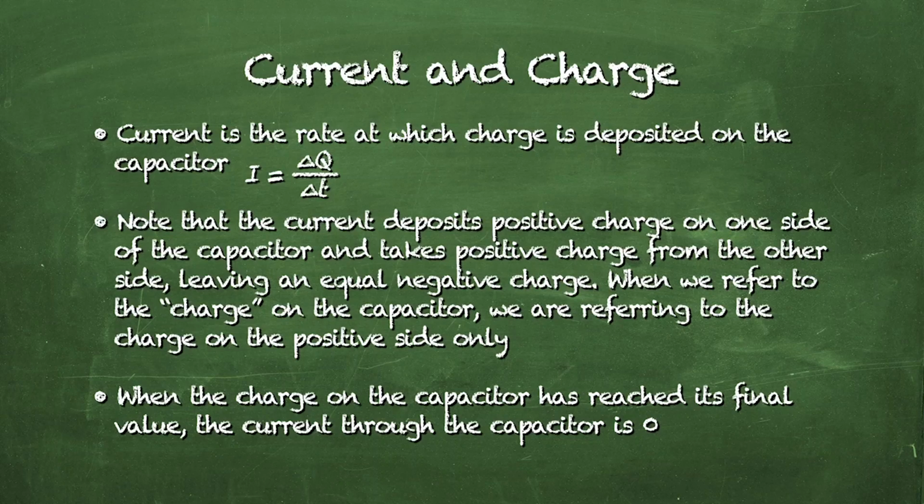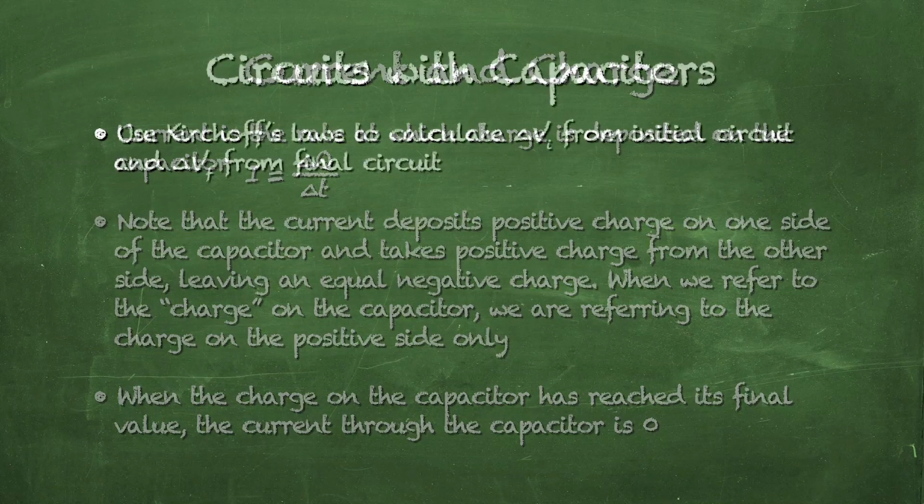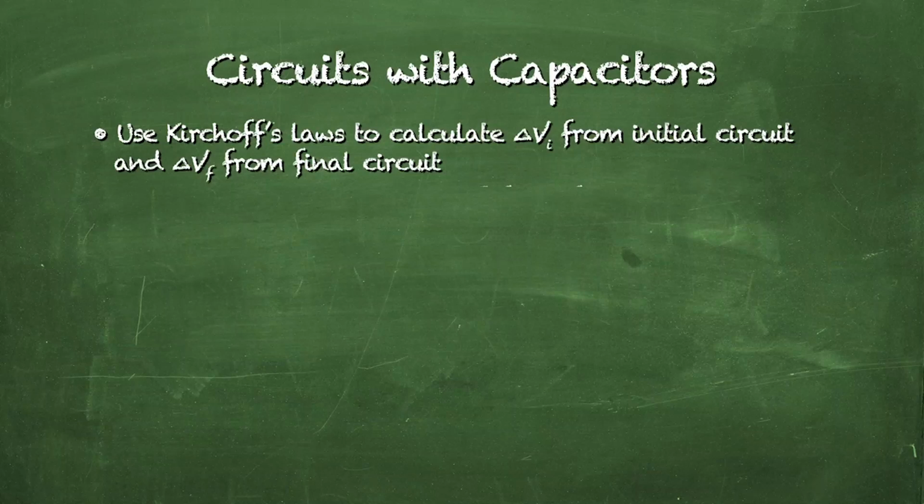So how do we deal with circuits containing capacitors? Well, we use Kirchhoff's laws to calculate the initial voltage across the capacitor from the initial circuit, the circuit at t equals 0. And then we calculate the final change in voltage from the final circuit, or the state at infinity, so after an infinite amount of time has passed.